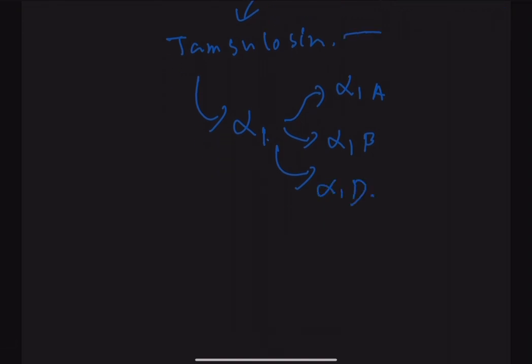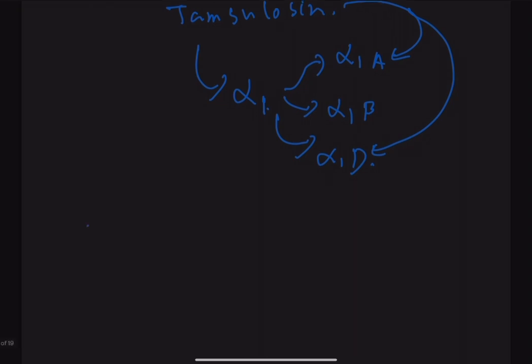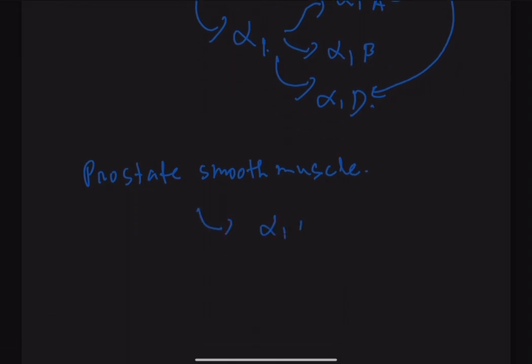So tamsulosin is selective to alpha 1A and alpha 1D subtype. Okay, and in the prostate smooth muscle, we have this alpha 1A subtype mainly.